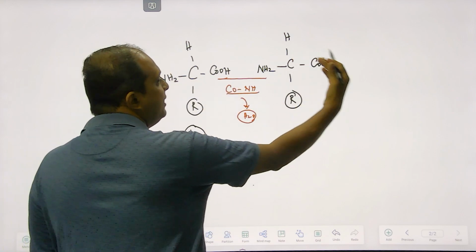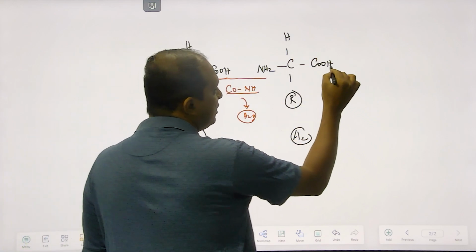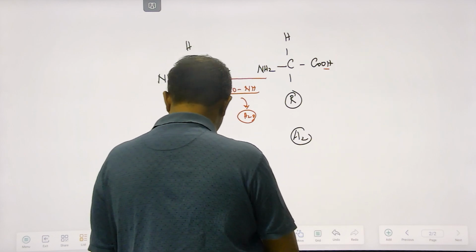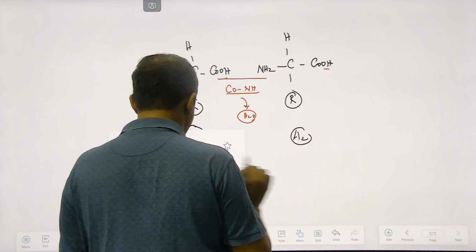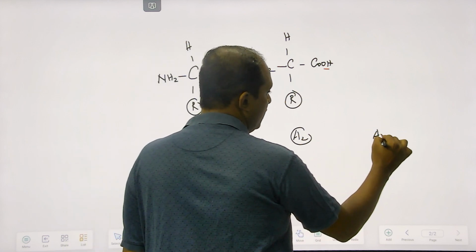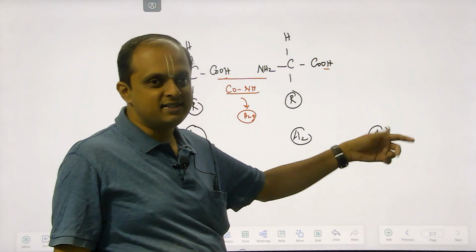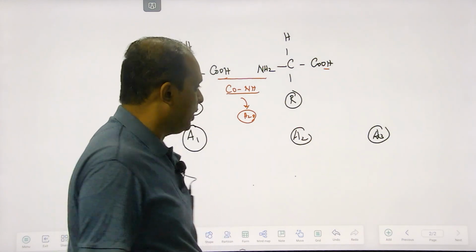Likewise, you have an A3 here, where this COOH gets bonded to the NH2 of the next amino acid, that is A3. This keeps on going till the last amino acid, that is AN.